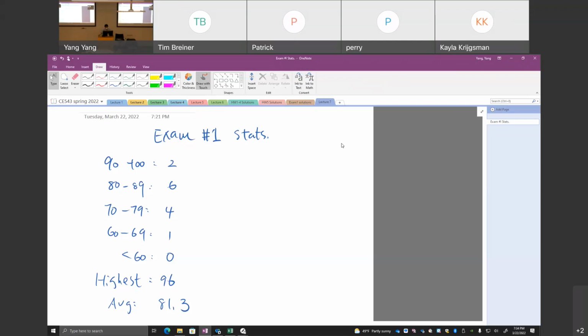I believe the two 90s are pretty close, 96 and 94 or something, if I remember it well. And the average is 81.3. So it looks like the average is above the B level, and that's very good news.